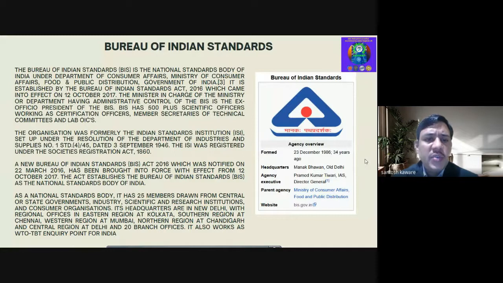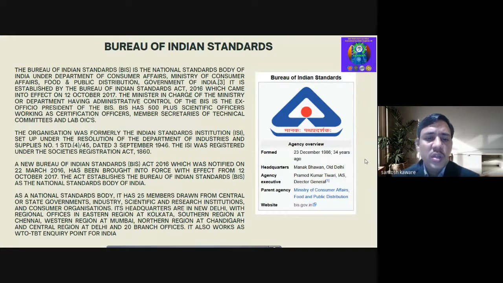Previously it was the Indian Standards Institution, ISI, formed in 1946, but in 1986 it was renamed the Bureau of Indian Standards.